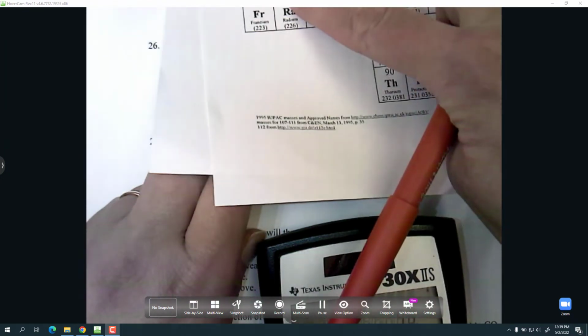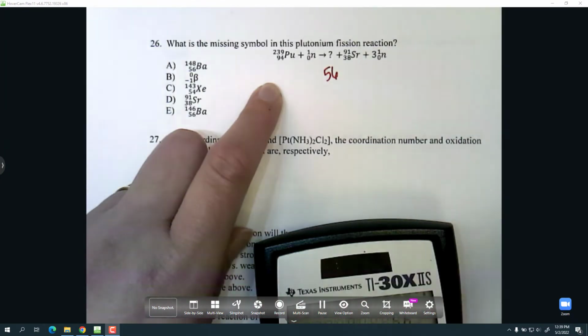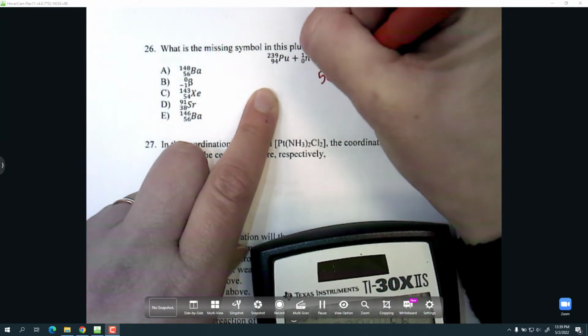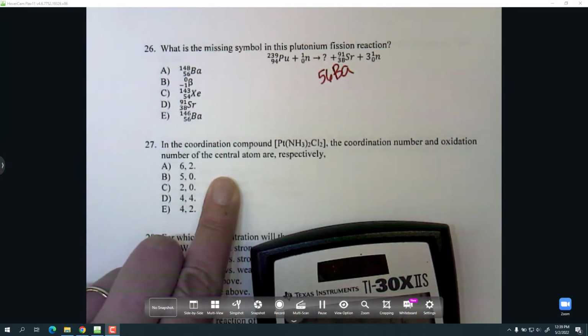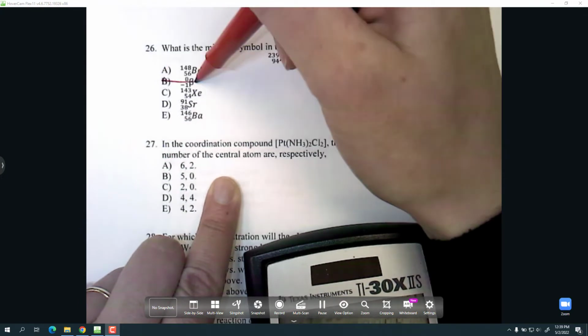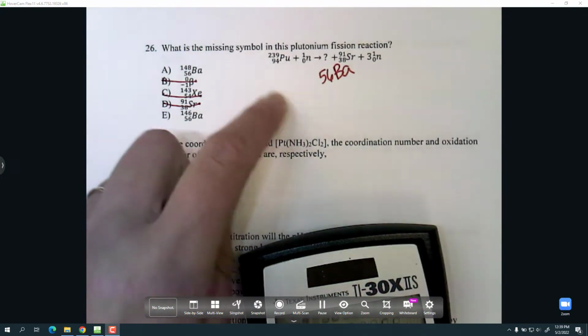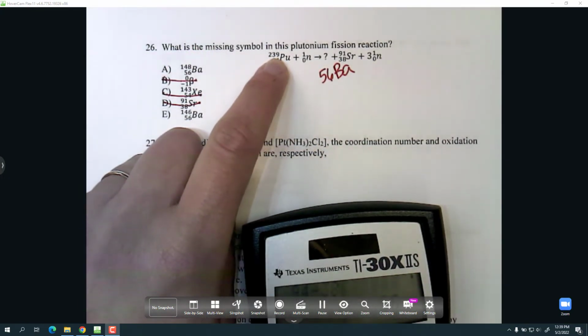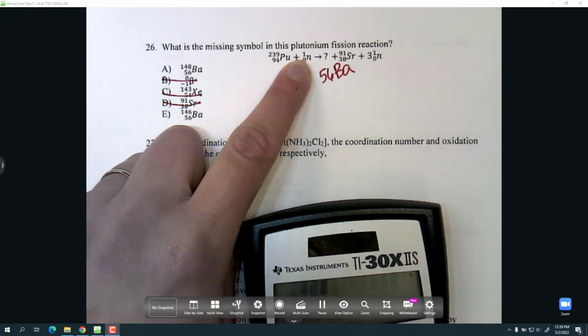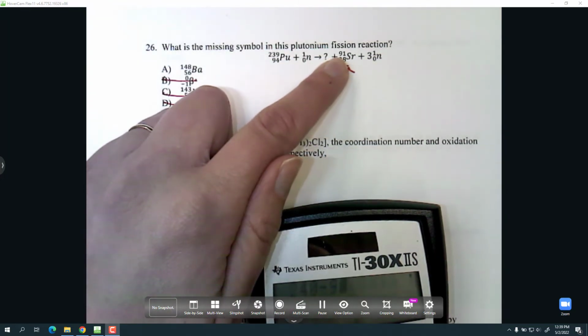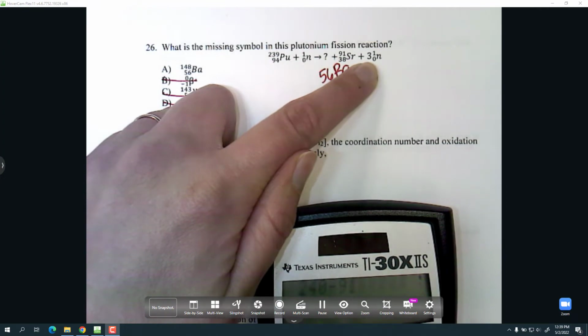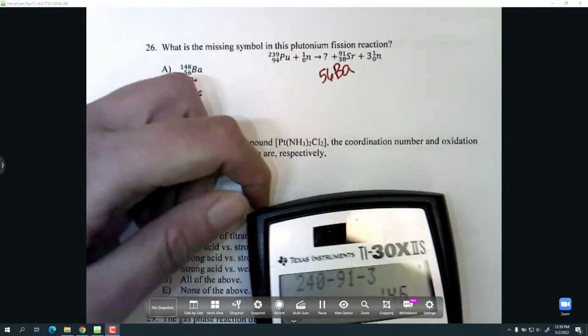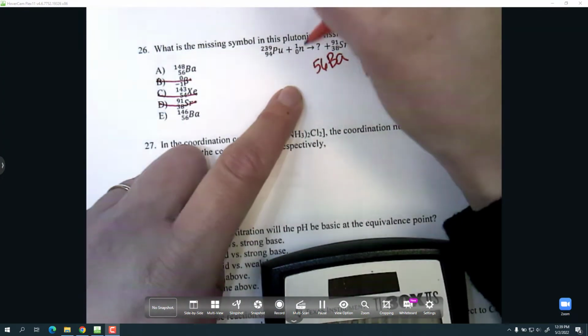I can check my periodic table and see that 56 is barium. So I can probably almost pick the right answer. It's not that, not that, not that. And then on the top, I have 239 plus 1 is 240, minus 91, and then there's 3 neutrons, so that's minus 3, and I get 146.